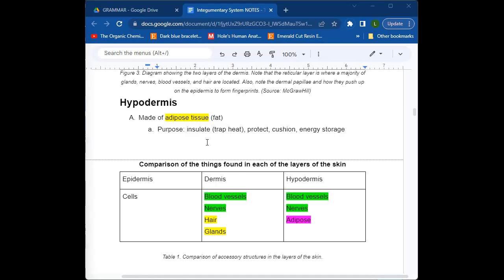It also helps with energy storage because the fat can store a lot of energy. And so when the fat gets broken down, it's going to release a large amount of energy.